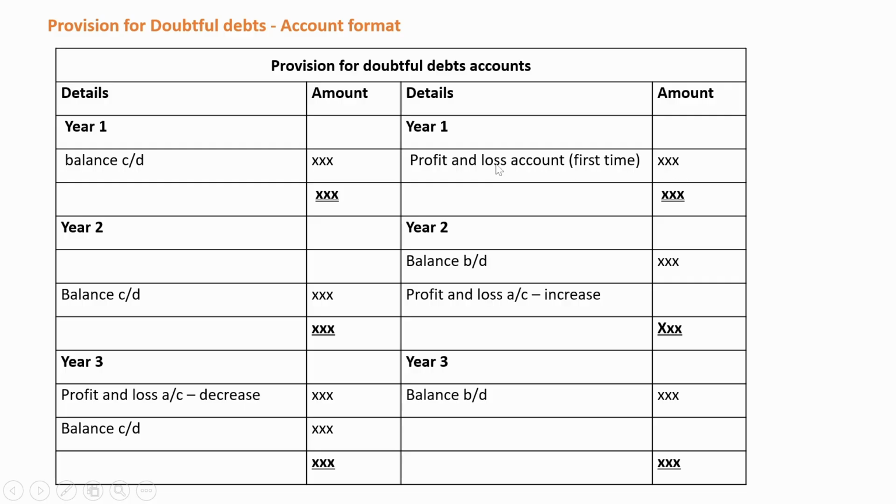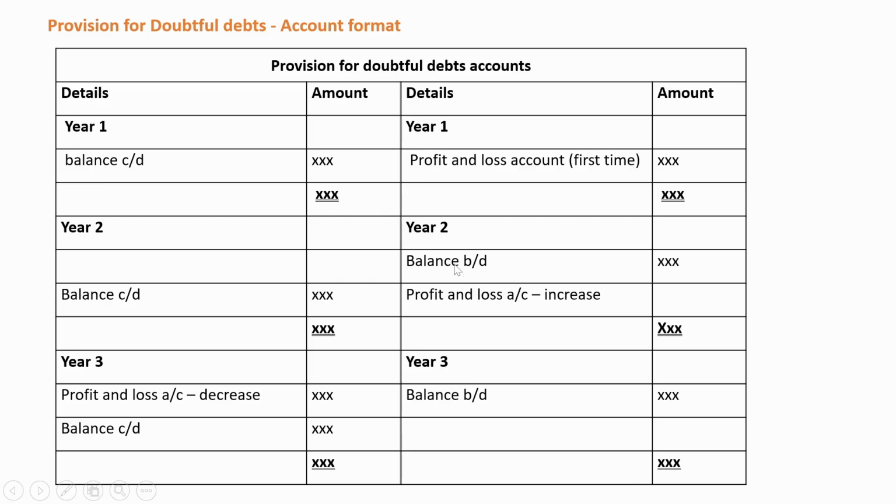At the end of year 1, you are going to balance this account by writing on the opposite side, balance carried down, and then you record the totals, you close the year. You proceed with year 2. When you go to year 2, bring the previous balance from year 1. So this balance carried down in year 1 will be brought to year 2 as balance brought down.